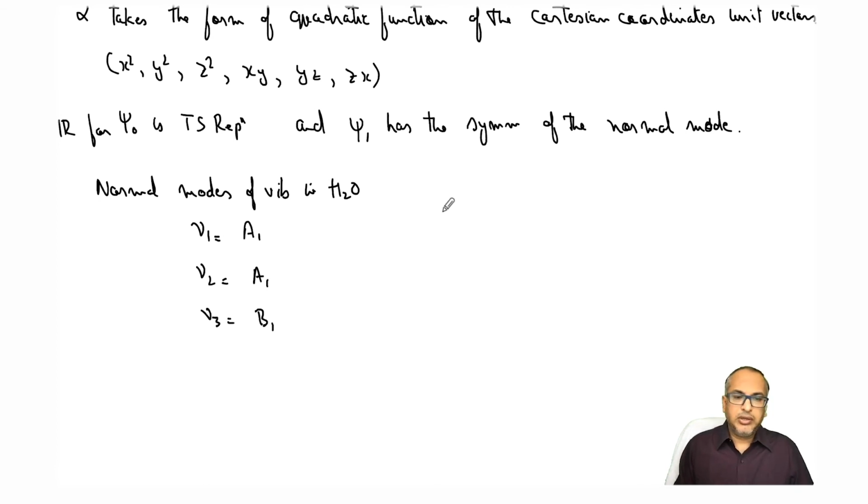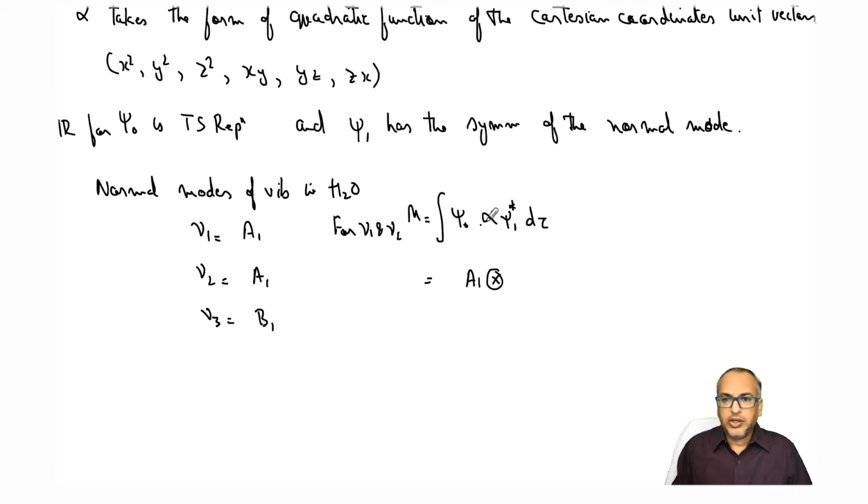Now for nu1 and nu2, the integration or m will be equal to psi 0 alpha psi 1 star d tau, star is assumed. Now psi 0 is A1, so you have to find which of the alpha will form direct product as psi 1, okay?